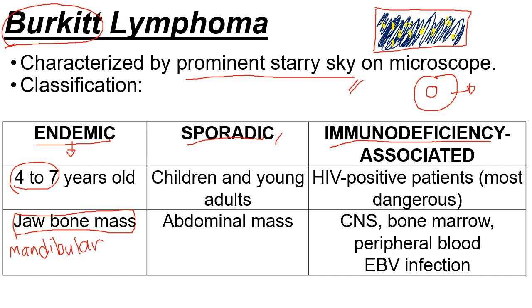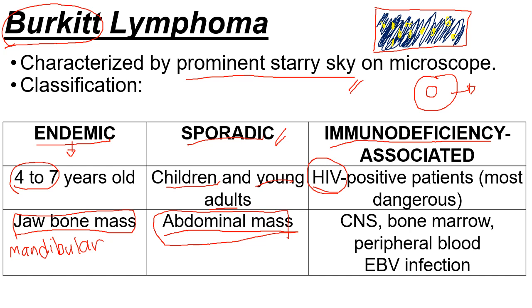Sa sporadic naman, both children and young adults. Ang difference naman dito, ang manifestation is merong bukol sa tiyan or abdominal mass. Okay? Sa immunodeficiency associated, Burkitt's lymphoma siya na na-form sa may mga HIV. Okay?